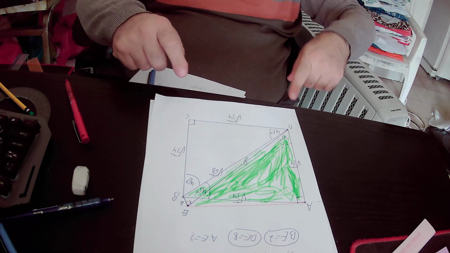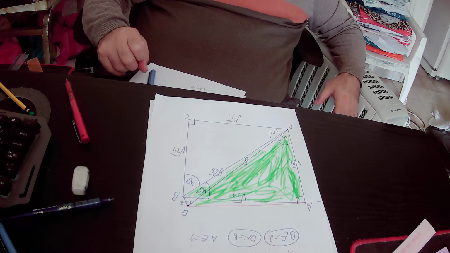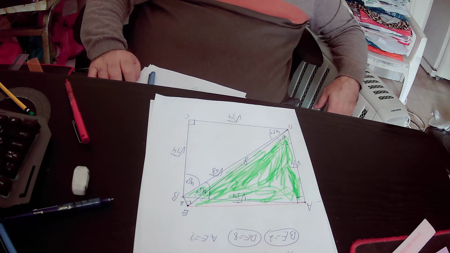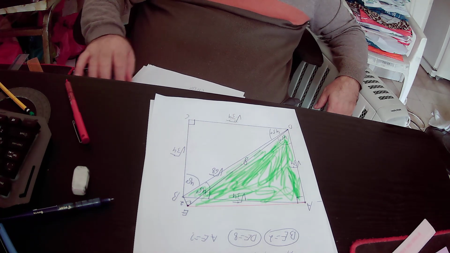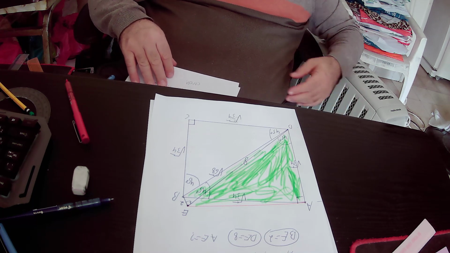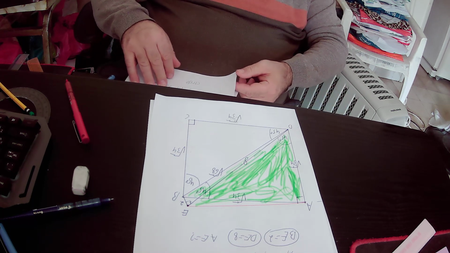So all the sides of square ABCD are equal to square root of 34 units, and I presented to you also rule number 2.